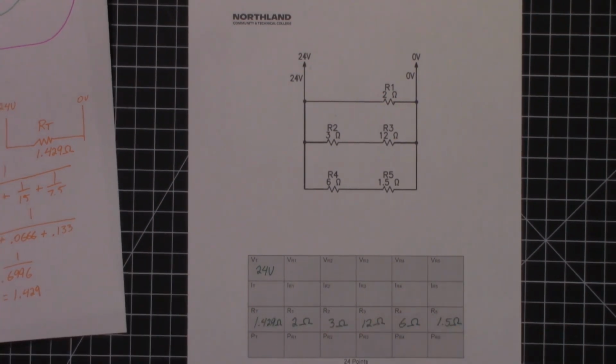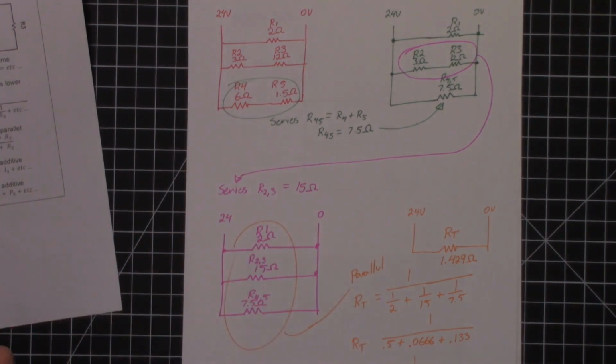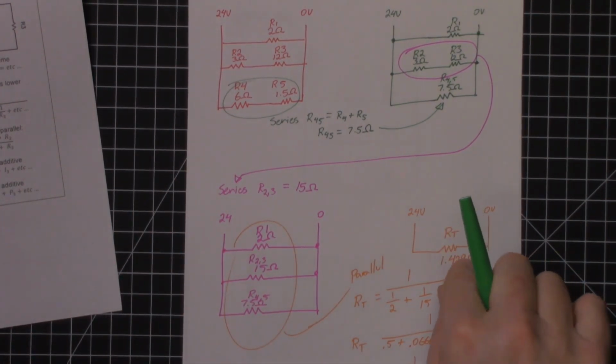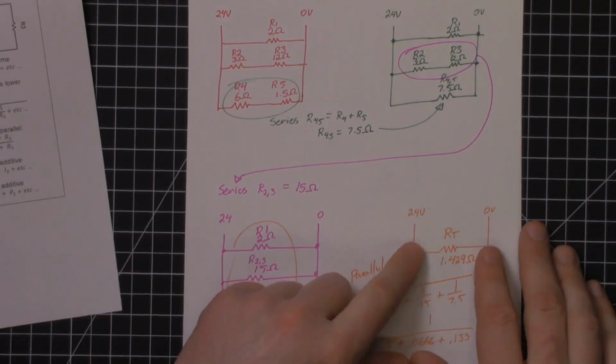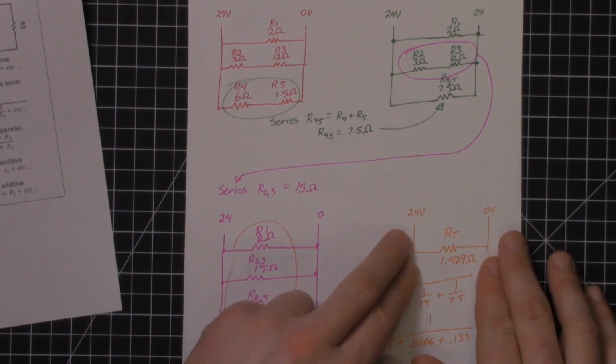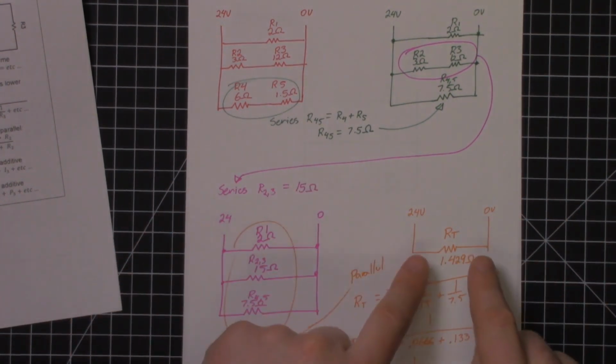Now we're going to break this down a little bit further and look at how we can use that information and solve for all of the voltage values and current values in this circuit. So let's take a look at that. The easiest way, once we've broken it down to its simplest elements back here, to find voltage and current throughout the rest of this is to work backwards.